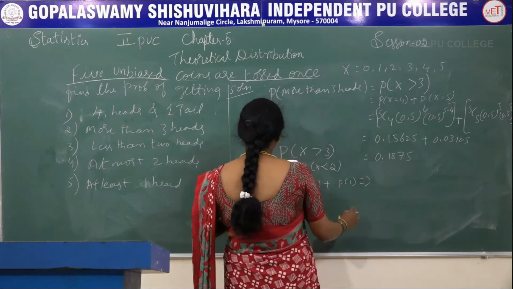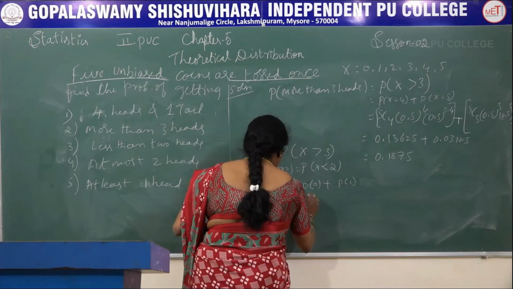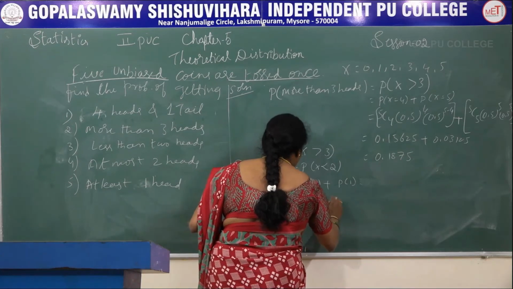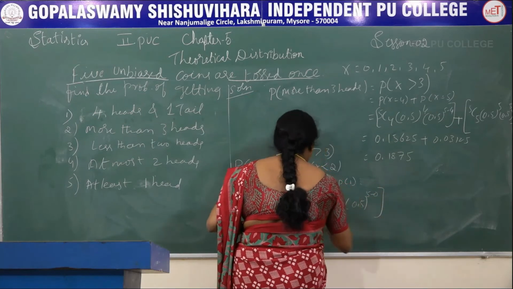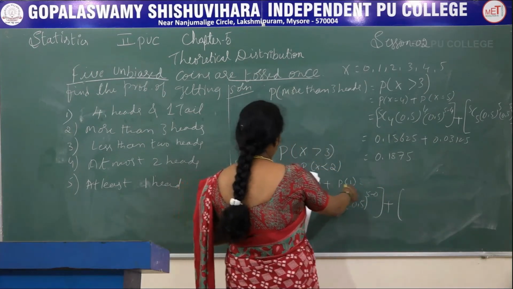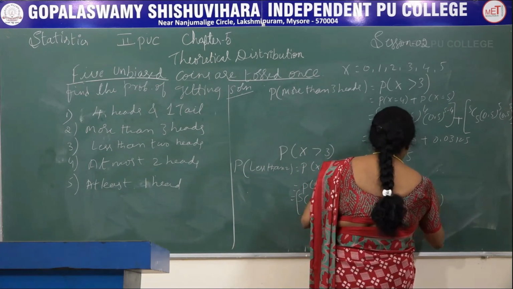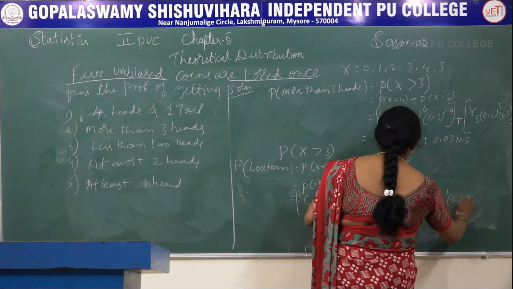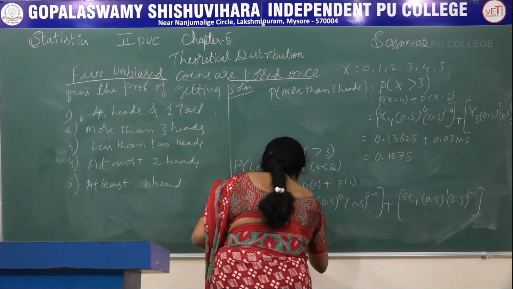It is 5C0, 0.5 to the power 0, 0.5 to the power 5 minus 0, plus for x equals 1, 5C1, 0.5 to the power 1, 0.5 to the power 5 minus 1.